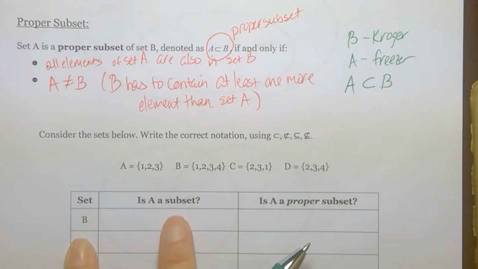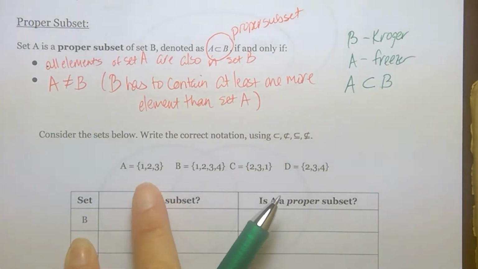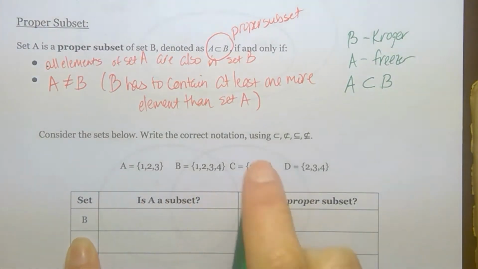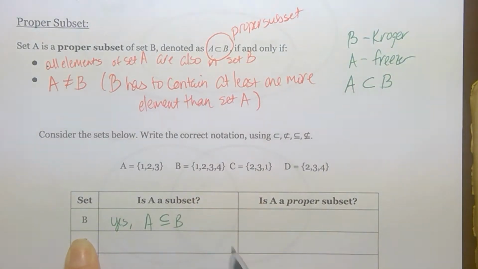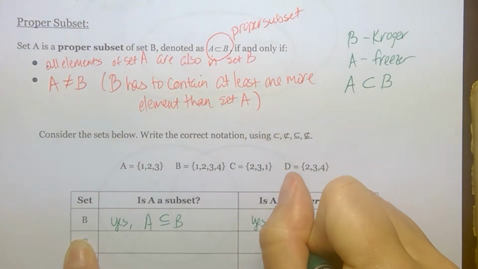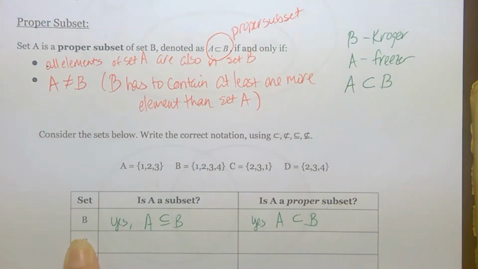Set B. Is A a subset of B? Well, if I compare them, yes, I can say that A is a general subset of B because all of the elements in A are also in B. Is A a proper subset of B? Are all the elements of A in B and B also has an additional element? Yes. So A is a proper subset of B. You see the difference in the notation.